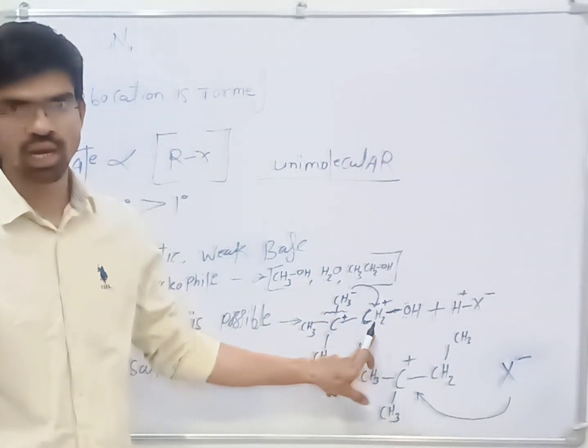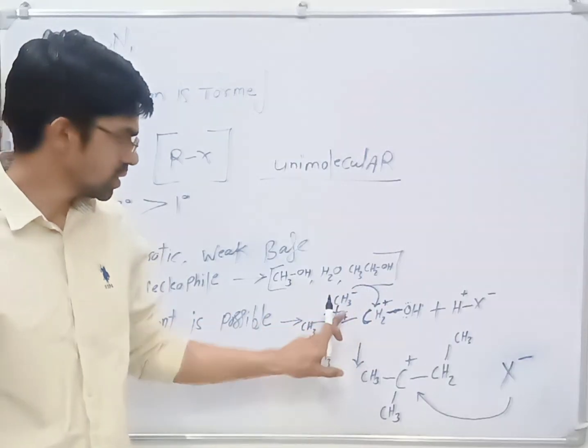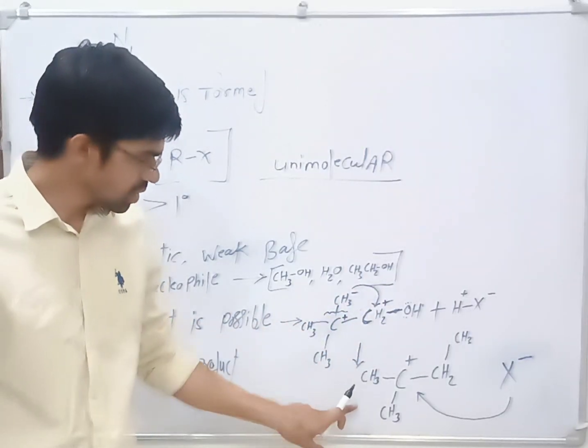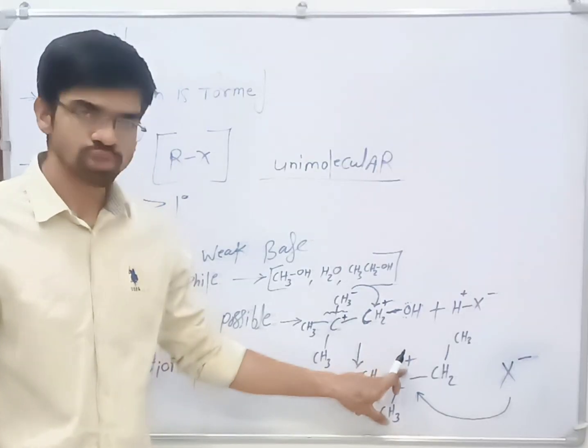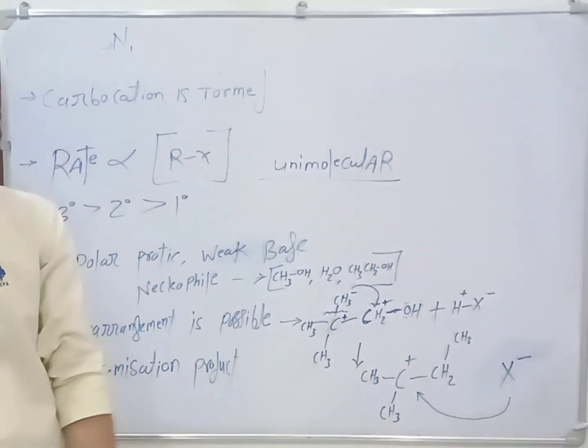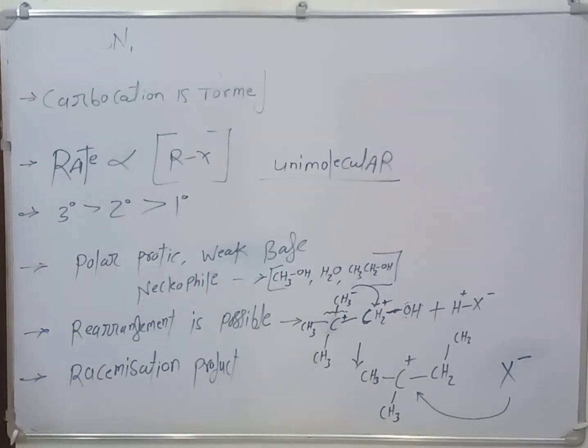This is also called hyperconjugation. The rearrangement takes place, the 3 degree carbon now generates a positive charge, and now X minus can attack the 3 degree carbon. So this is how rearrangement is possible in the SN1 mechanism. Alright.